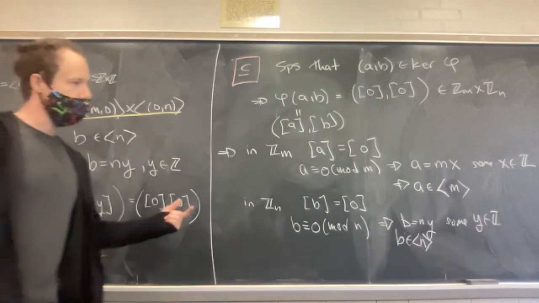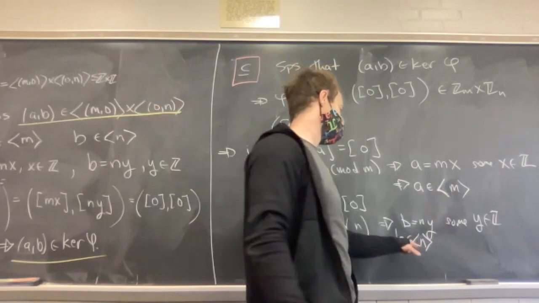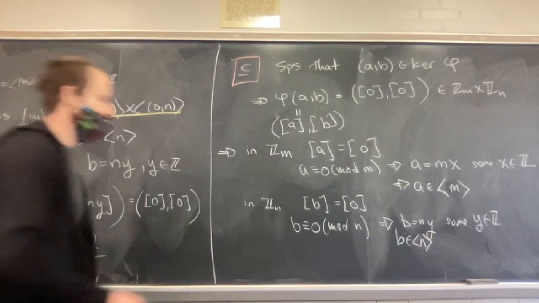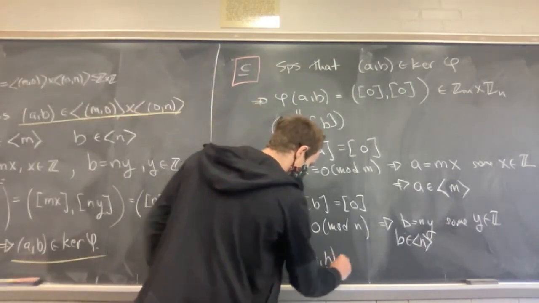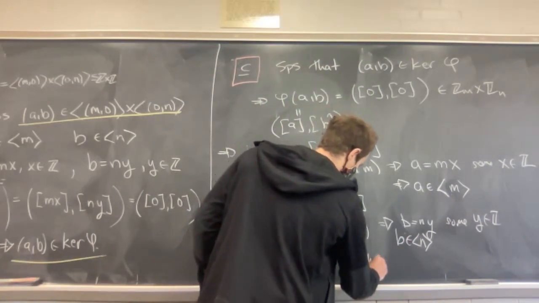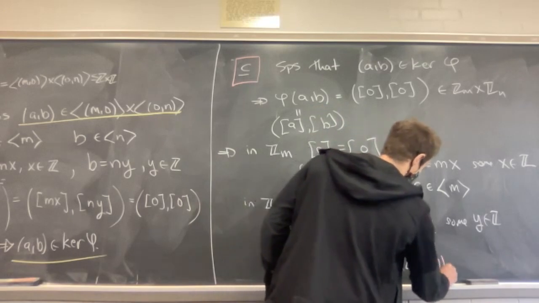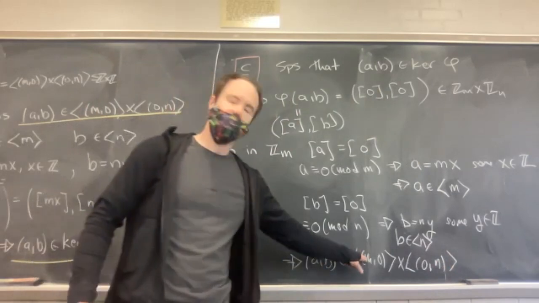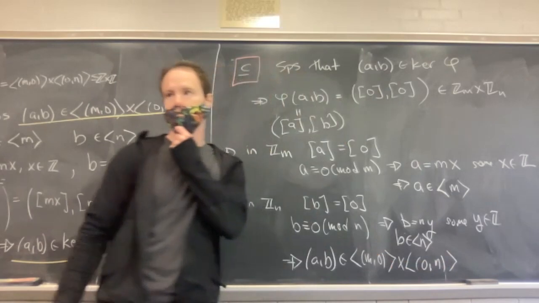But now what do we got? We have A is in the cyclic subgroup generated by M, B is in the cyclic subgroup generated by N, but that means that the ordered pair AB has got to be inside the cyclic subgroup generated by M cross the cyclic subgroup generated by N. Right? Because A comes from this one, and then B comes from that one.